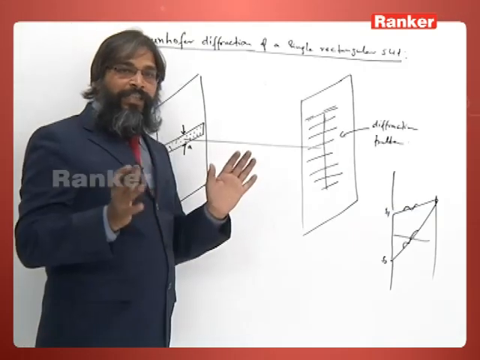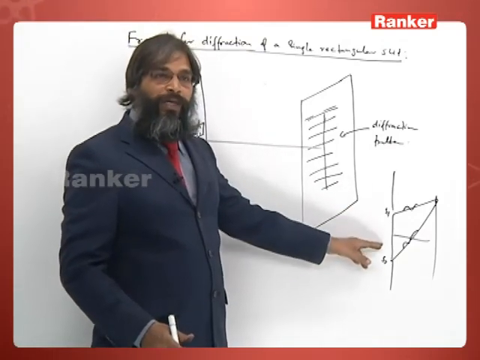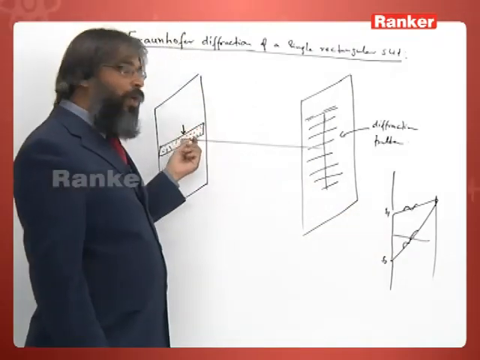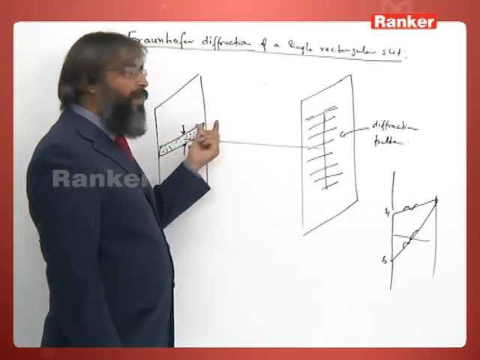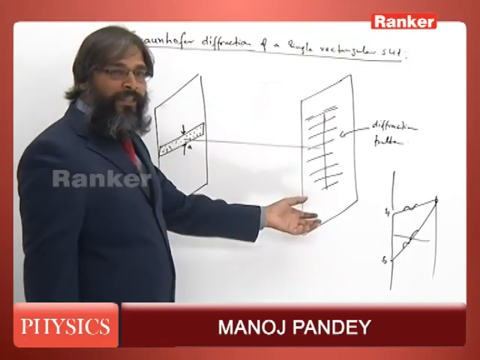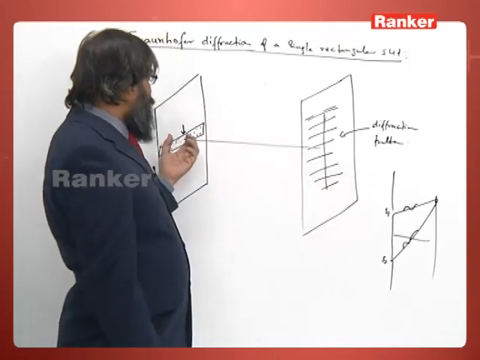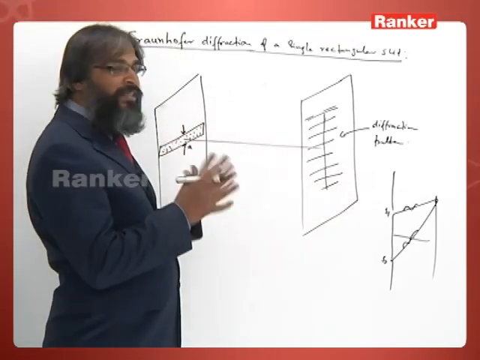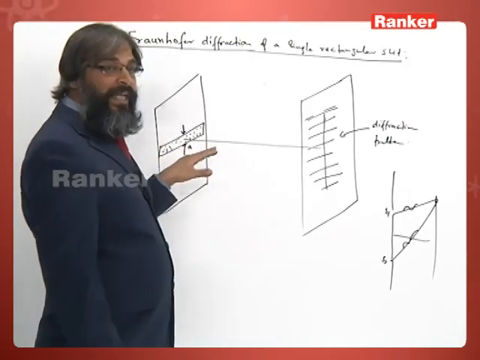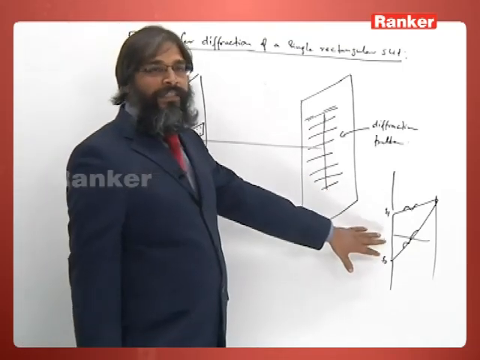When there are two or three point sources, we say interference is taking place, but when the sources are distributed over an area and they interfere, we say there is a diffraction pattern. This is the essential difference between interference and diffraction. So diffraction is more fundamental than what we did in our Young's slit experiment.